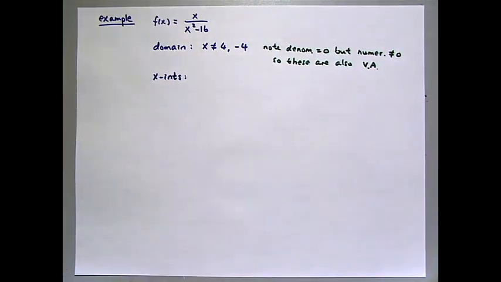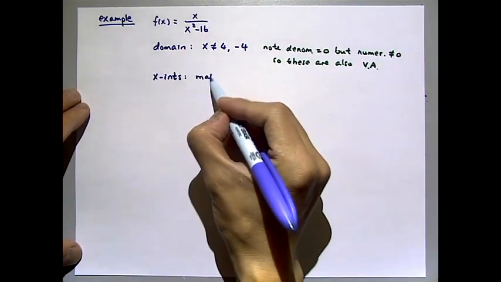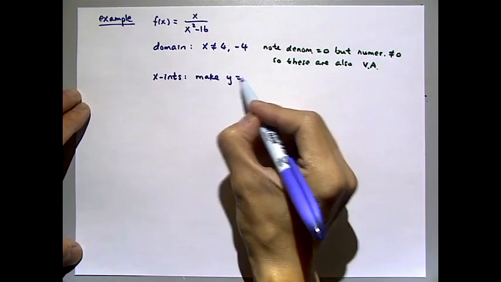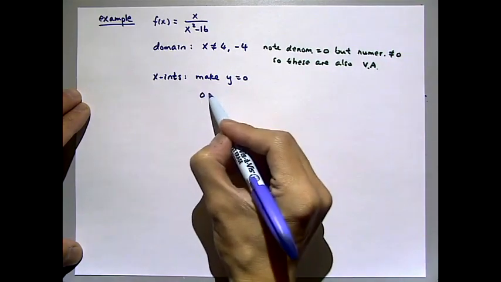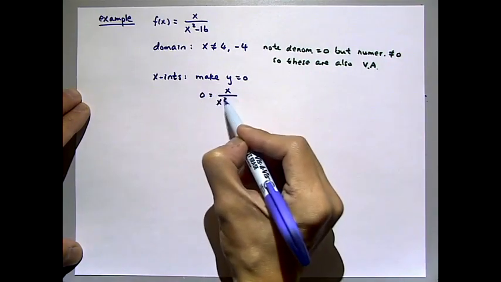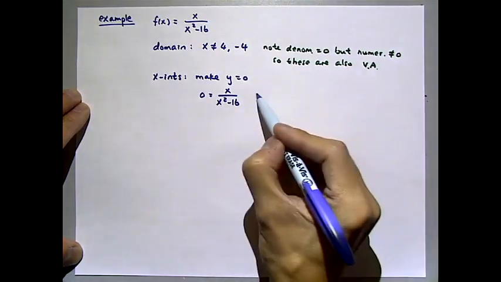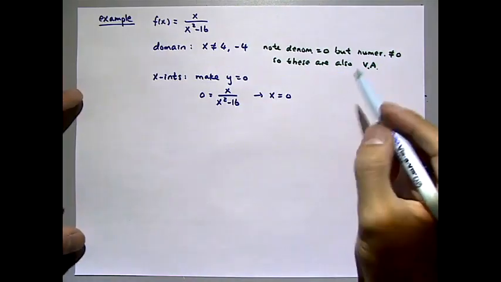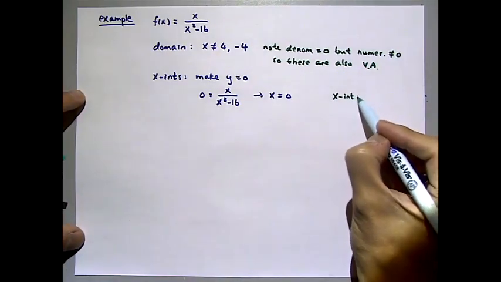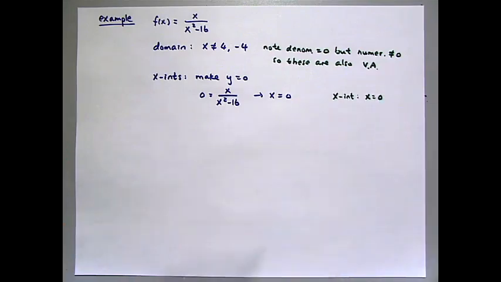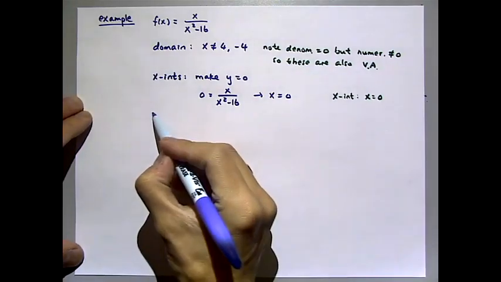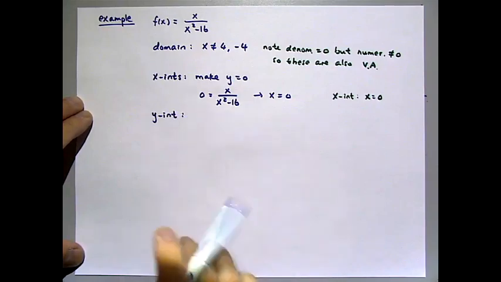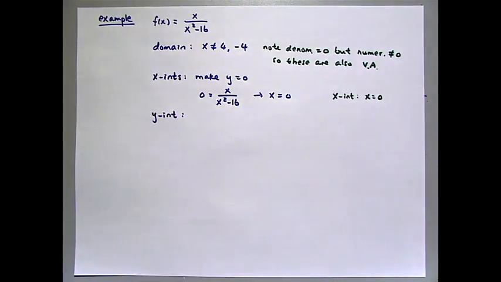Find out the intercepts. For x-intercepts, we make y equal to 0. So we get 0 equal to x over x squared minus 16. That means x has to be 0. Now we got 1 point, right? Whatever happens, we know that point has to exist. There can be only one y-intercept at most.